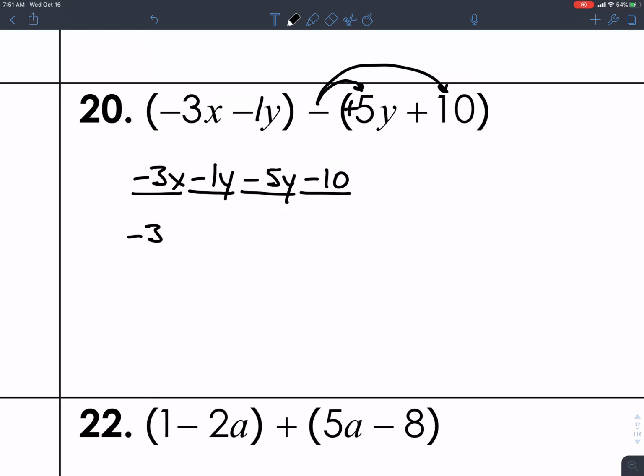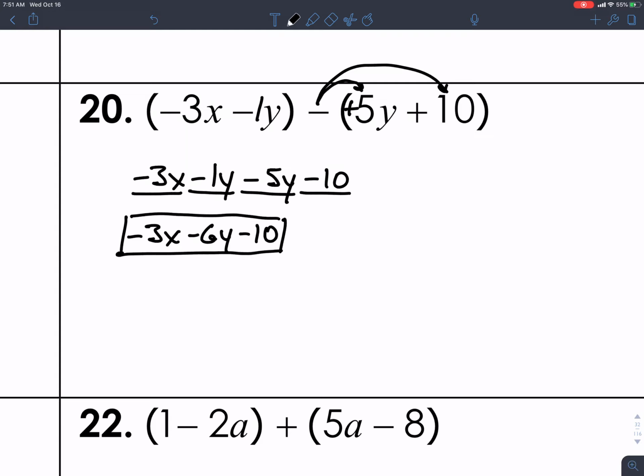So the negative 3x doesn't do anything. It just comes down. Now I've got a negative 1y and a negative 5y. Negative 1 and negative 5. You've got one negative and 5 more negatives. Now you have 6 negatives. That negative 10, do you see any more terms without a variable in it? Nope, just the negative 10. That's it. That's the answer.